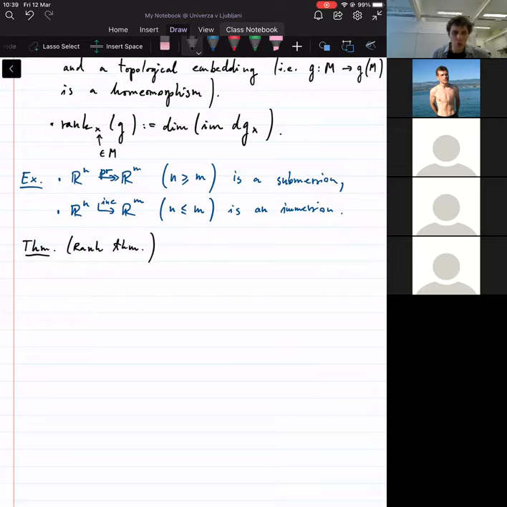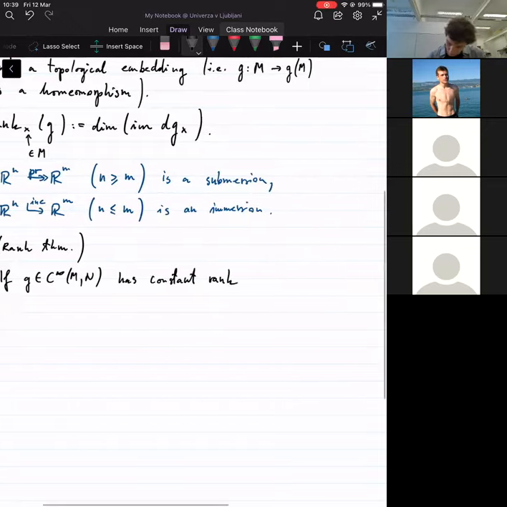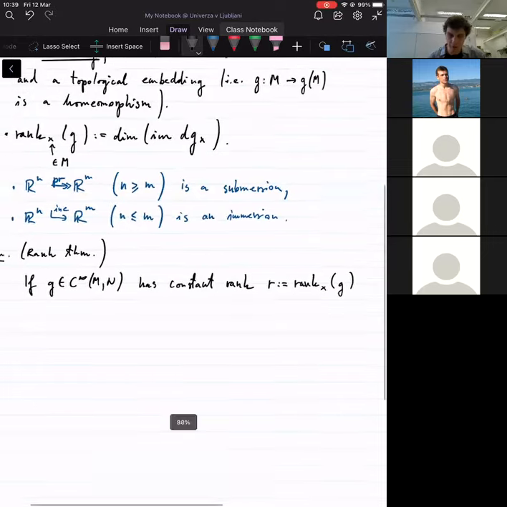Okay, so this holds, what I just said, that every map looks locally like a projection or inclusion, if and only if it has constant rank. Okay, so if G in C^∞(M, N) has constant rank r, so this X is here now arbitrary, right?